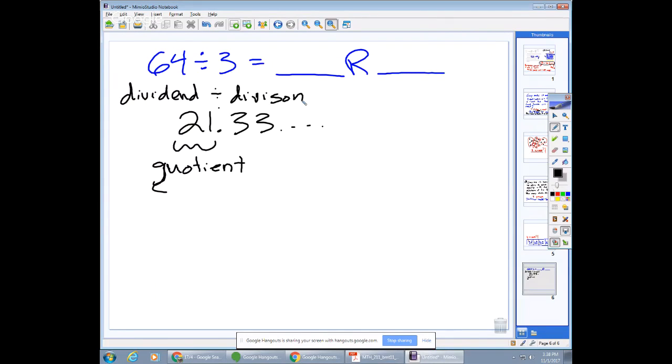So yeah, division and multiplication are related. So the next step would be to take 21 times 3, and that's going to give us 63, which is almost what we want. 64 minus 63 is equal to 1, so that must be the remainder.